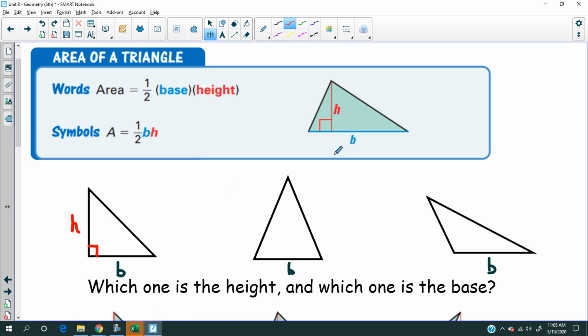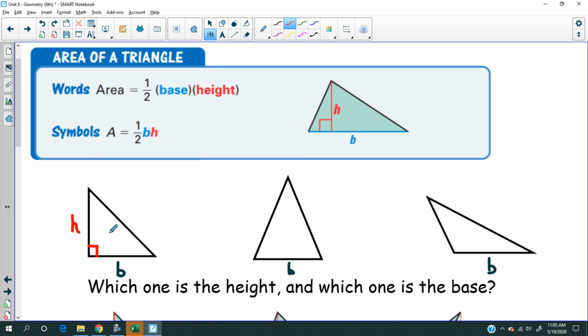One more time, okay? So I'll show you this. I'll go back and forth between these two shapes. Again, the height of a triangle is connected to the base at a 90-degree angle. Okay? So that's what a height is.